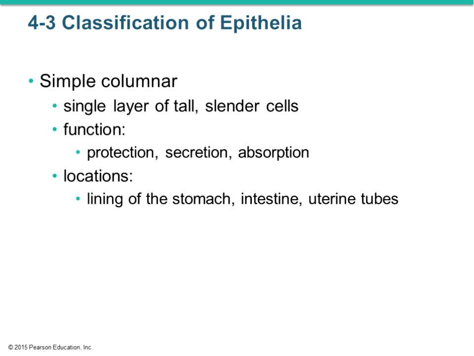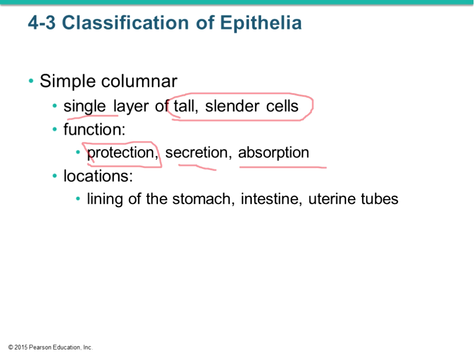Okay? Simple columnar, again, one layer, but this time of tall, thin, rectangular shaped cells. Even though it's only one layer, it will provide protection because the cells are so tall and long, right? It can also do secretion and absorption.